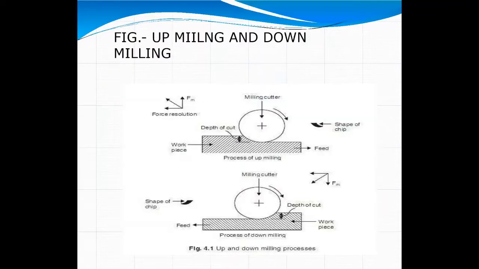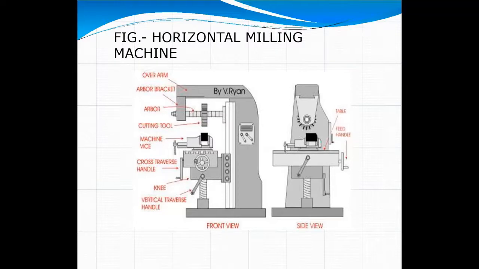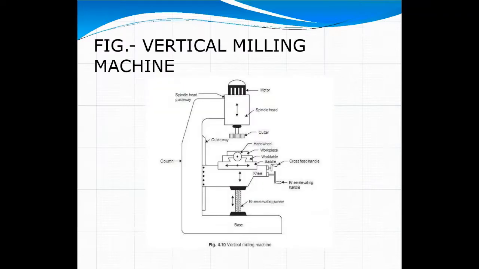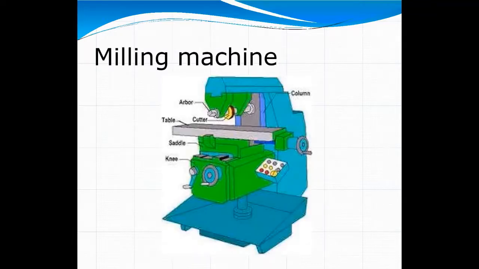Milling machine. Milling machine is using the gear milling machine, up milling and down milling. So if it is in the clockwise direction, it is called up milling, and if it is in the anti-clockwise, then it is called down milling. Vertical milling machine.